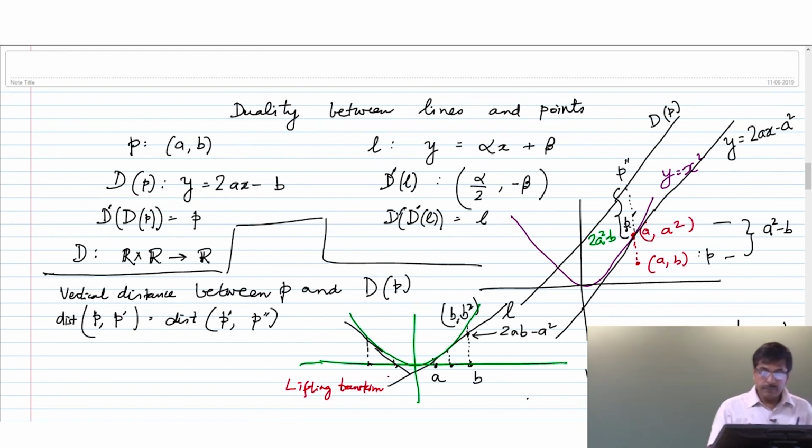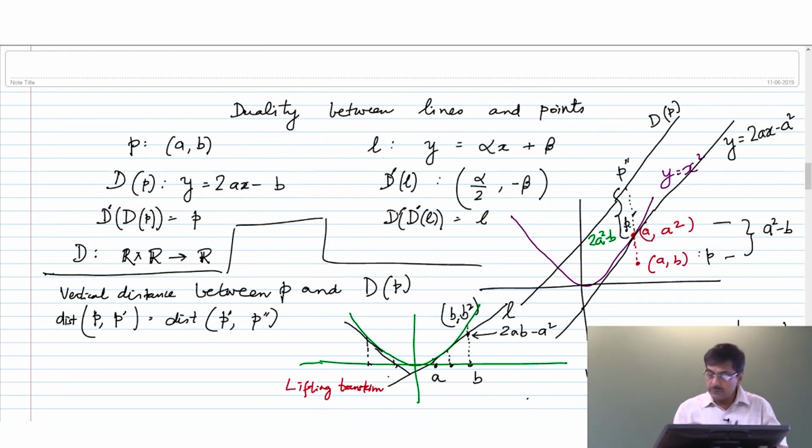You go to the next, because of this relation: the distance between two points and the vertical distance are related by a square. So the closest neighbor will be the closest when we shoot down a ray from this point.